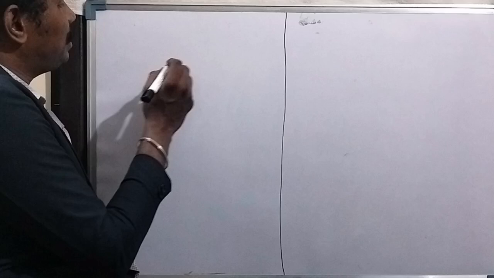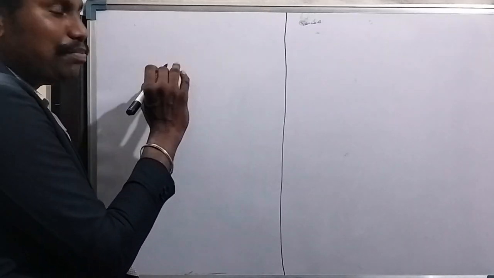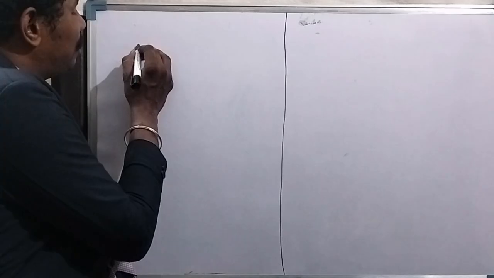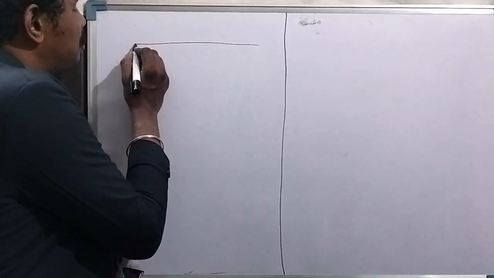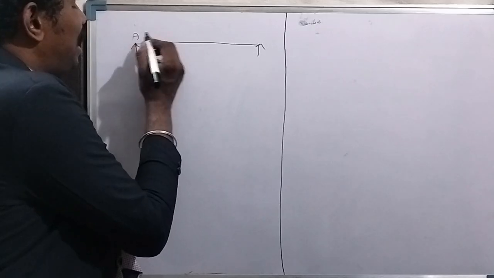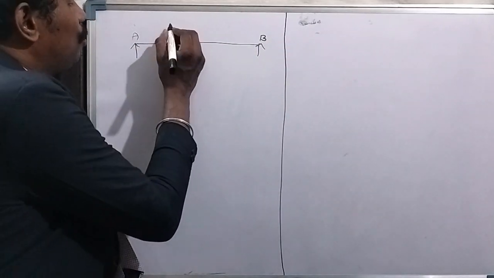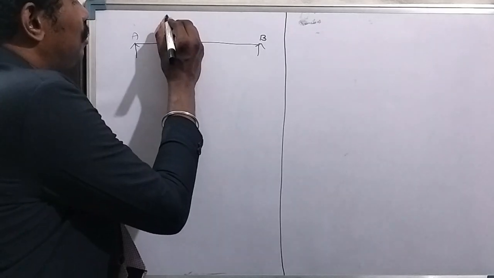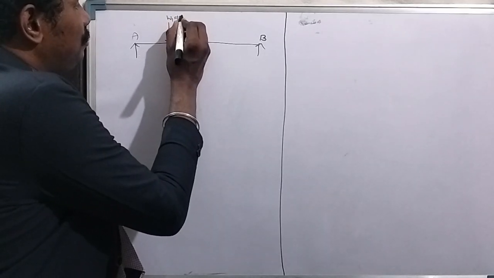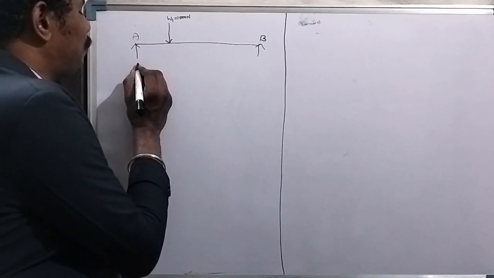So based upon the given data, we are going to draw the diagram. Since it is a simply supported shaft, I'll draw the diagram first. I represent one end as A and the next end as B. The load W1, which is equal to 1000 Newton, is acting at a distance of 1 meter from the left support.